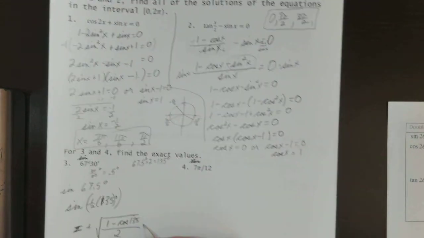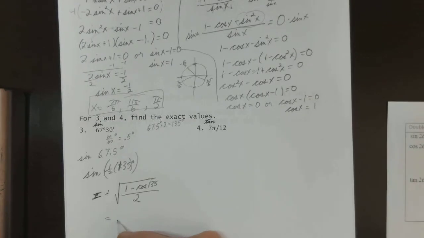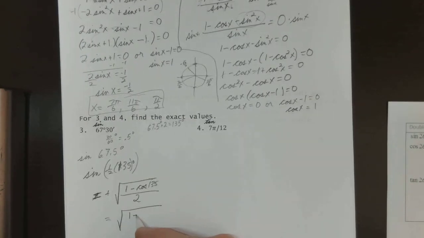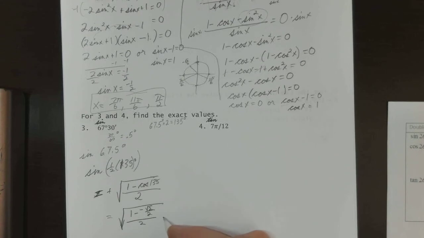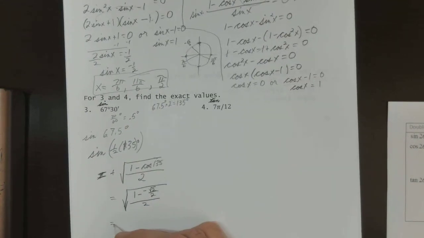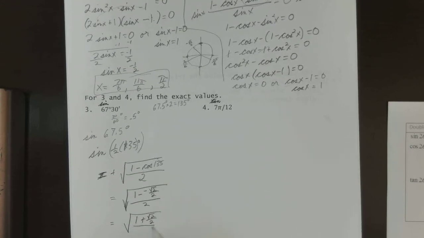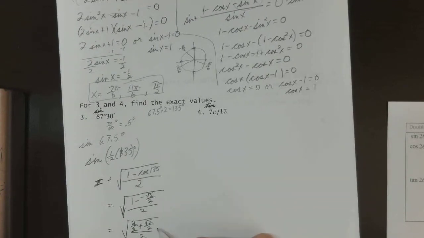So 1 minus negative square root of 2 over 2, divided by 2. That is the square root of 1 plus square root of 2 over 2, divided by 2. I'm going to make 1 into 2 over 2.